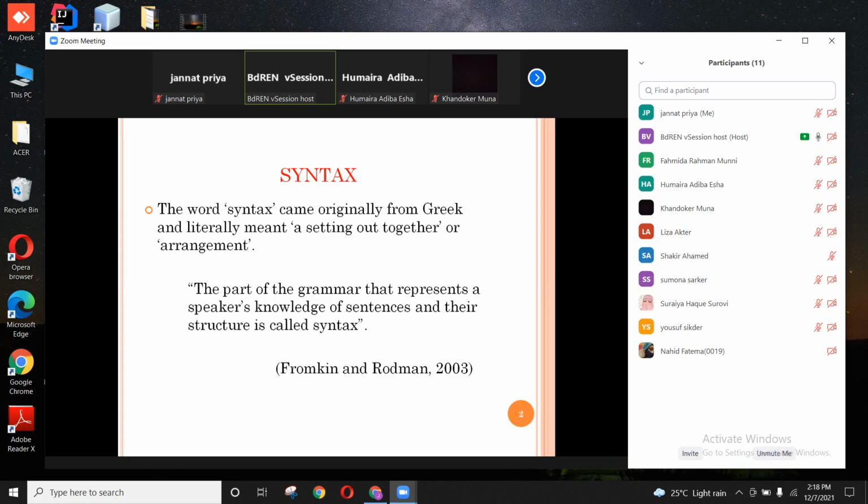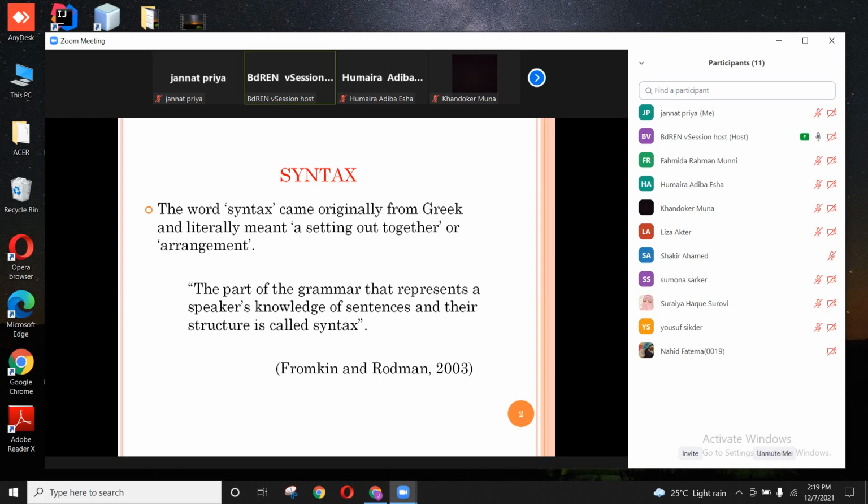Now let us look at a definition of syntax. The part of the grammar that represents a speaker's knowledge of sentences and their structure is called syntax. So syntax is basically concerned with sentence formation, concerned with making sentences, with building sentences. How can we make sentences? How can we build sentences? This is the area of syntax.